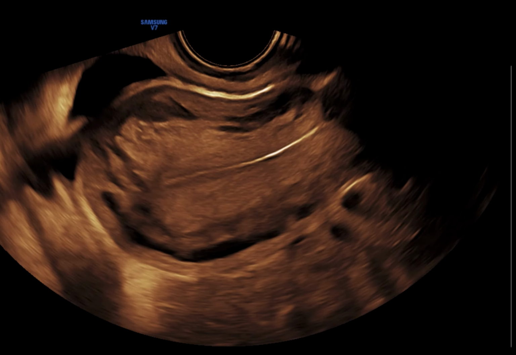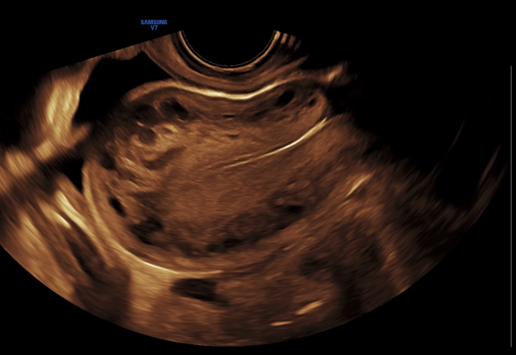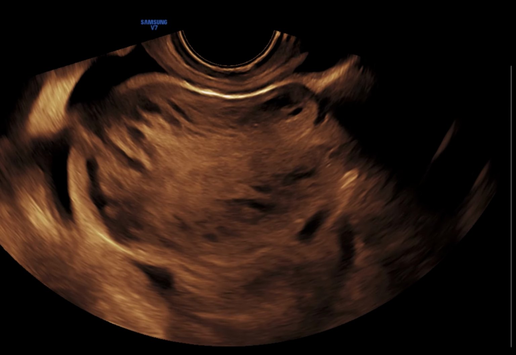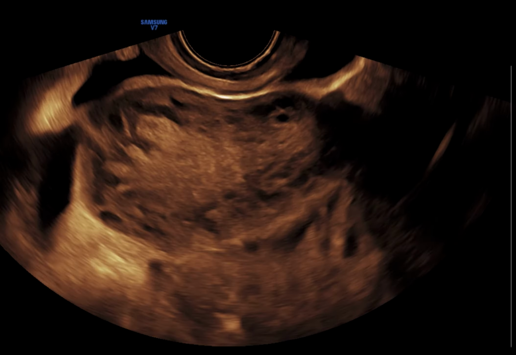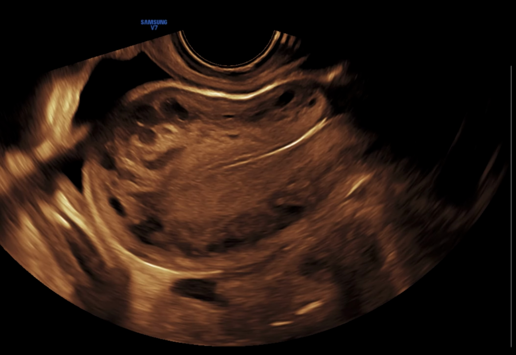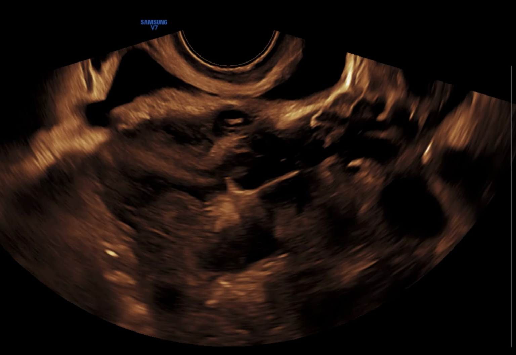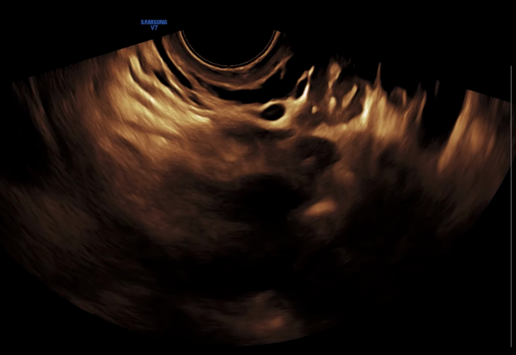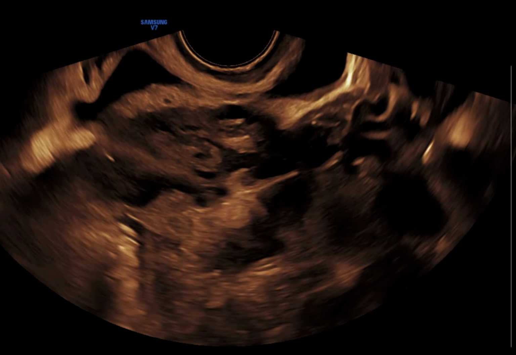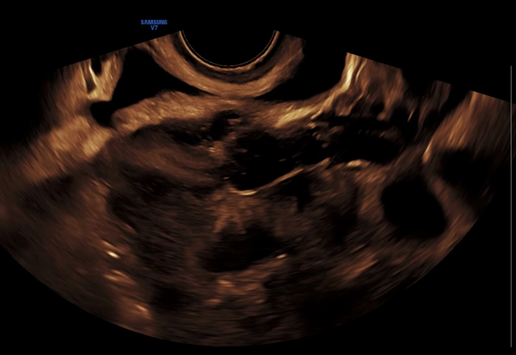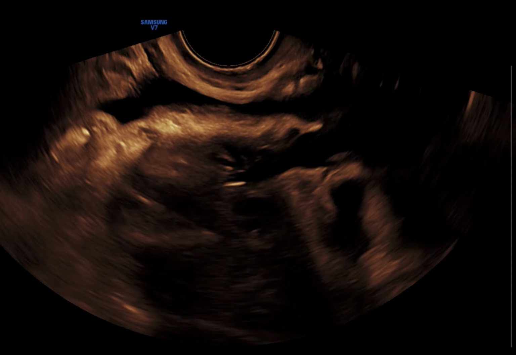And see the endometrial myometrial junction. This is very well demarcated. The uterine outline is also very well demarcated, and this is the parametrium also. There is dilated anechoic tubular structure.